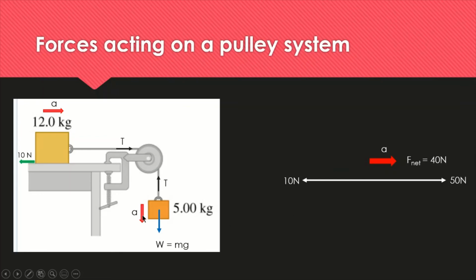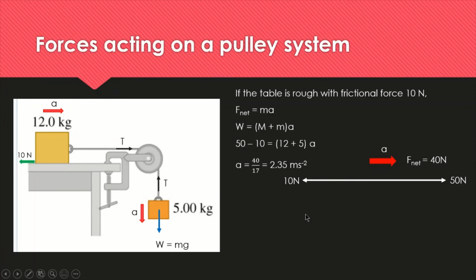Still moving to the right. So the 50 Newton is the same direction, so it is positive. But the friction is to the left, so it is negative. Yeah, opposite direction. Okay, so now F equals MA.